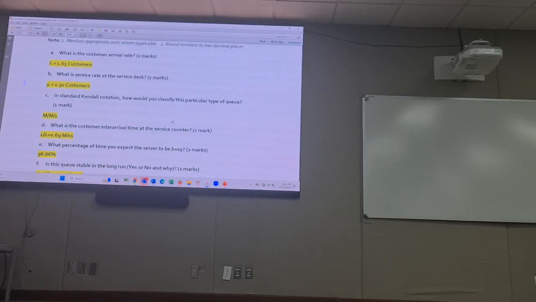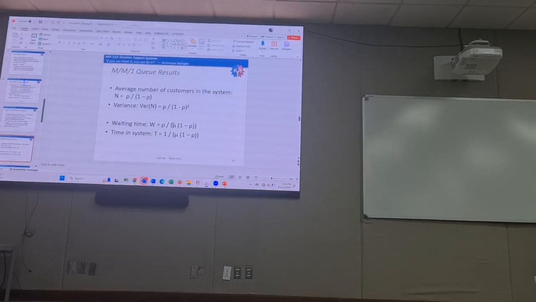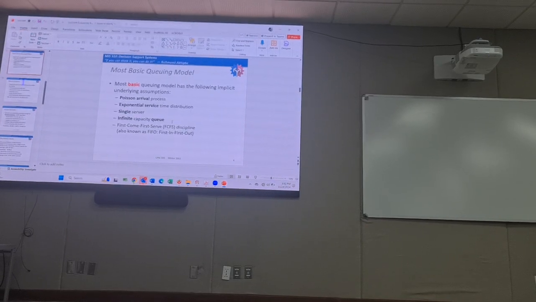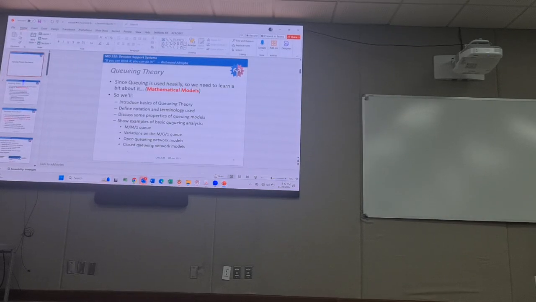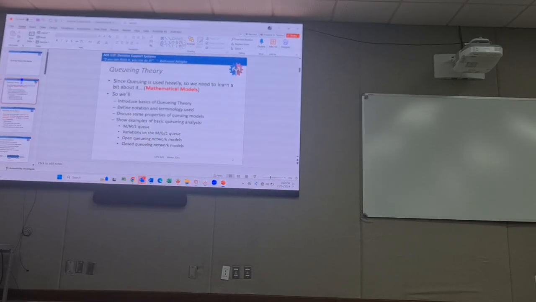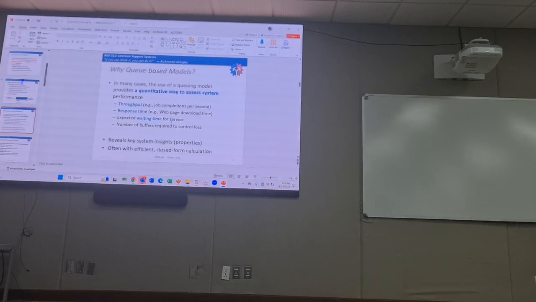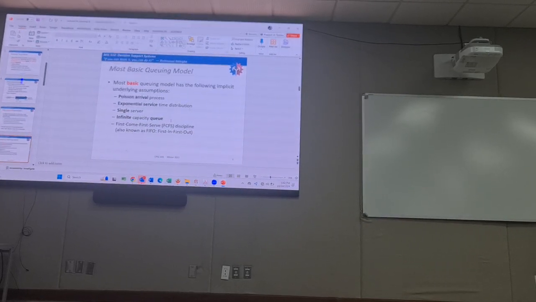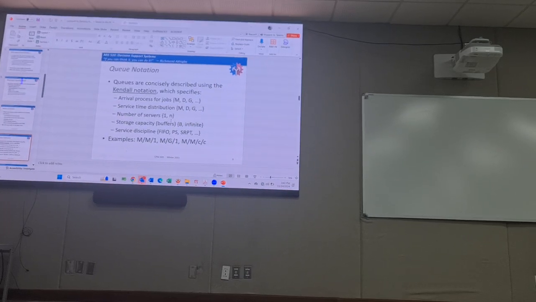Now, when we were looking at the queuing lecture, there was a discussion on how do you identify a queue.